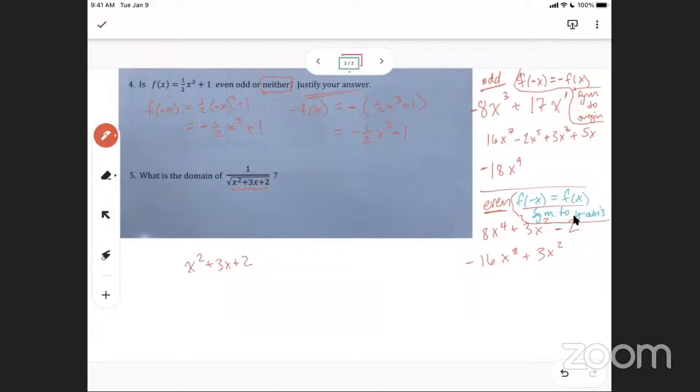Well, what would cause a problem? What would be problematic for a square root? What are you not allowed to do? Put a negative. Right. So this whole thing has to be what? Positive. It has to be greater than or equal to 0, right?